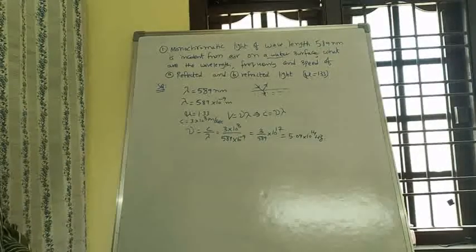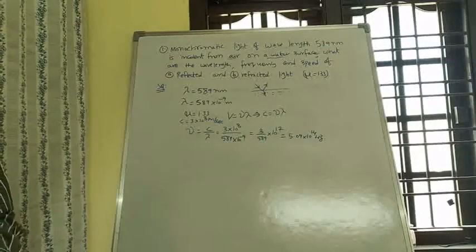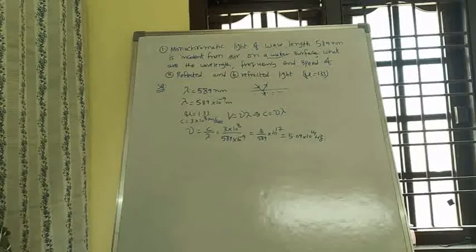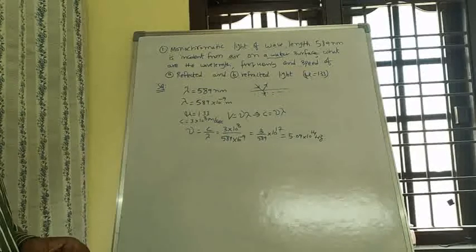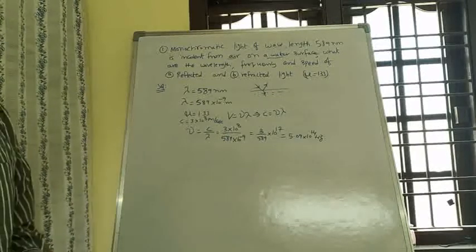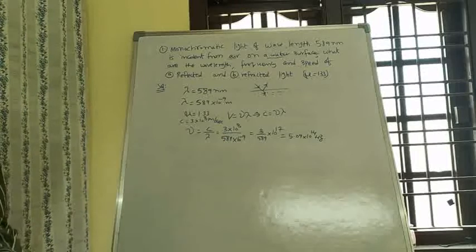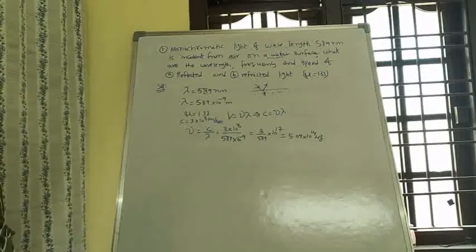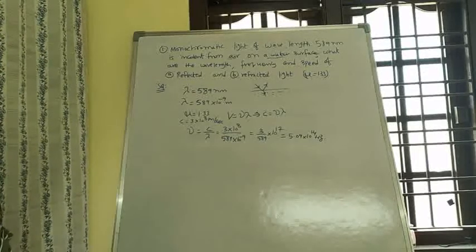Now we are talking about the refracted light. When you are talking about the refracted light, the frequency of light does not depend upon the property of the medium through which it is traveling. So how is the speed of the light related to the refractive index?